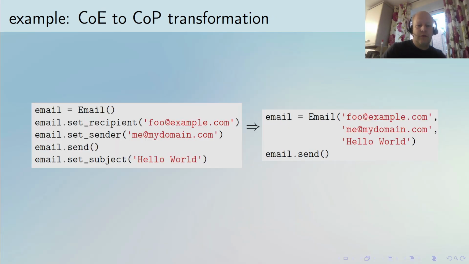Another example of connascence transformation: here we have the connascence of execution from our email example. Instead of having separate method calls, we make a constructor which requires the developer to specify recipient, sender, and subject. And then the developer can add a call to the method email.send.